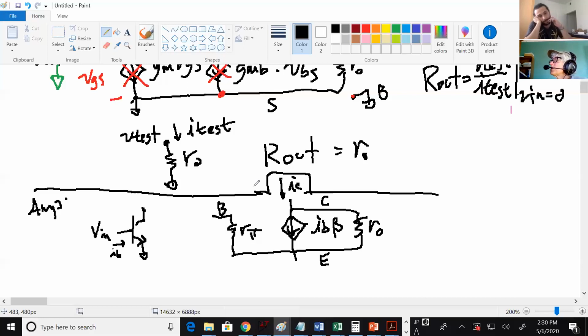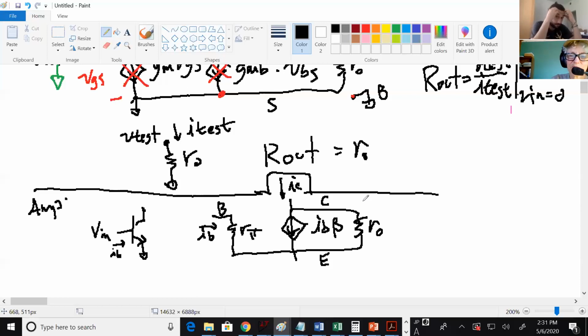What were you told IC equals? IB times beta. Is IC equal to IB times beta here? No. Why doesn't it equal IB times beta?